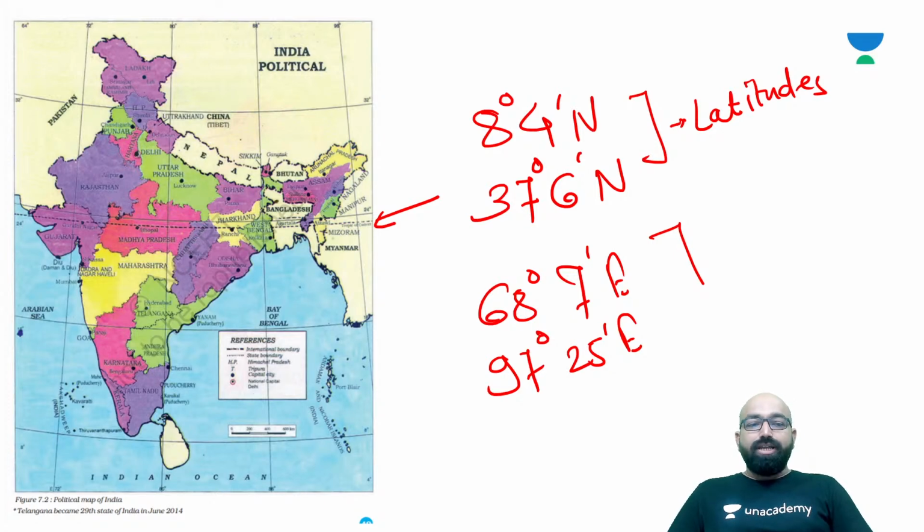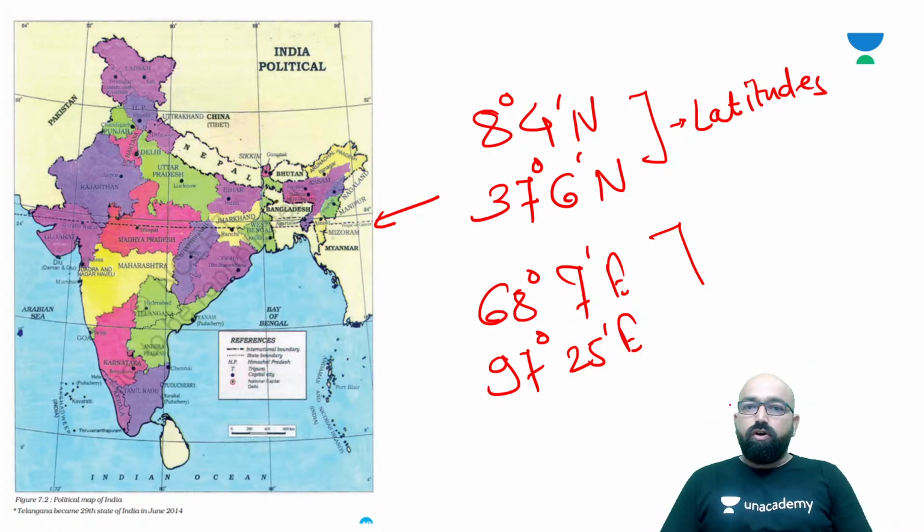This is the political map of India. Now here is a small correction to the flow. I informed you about the number of states.